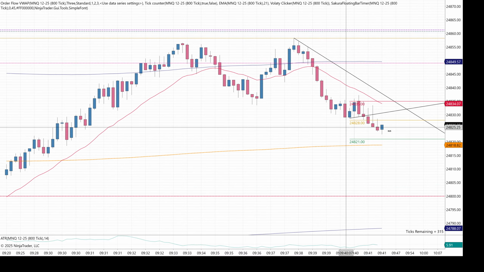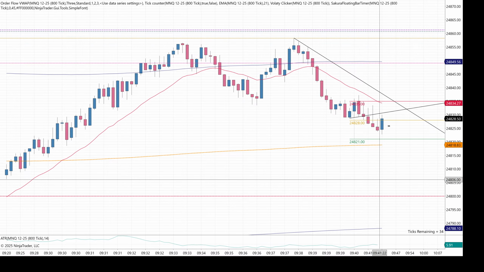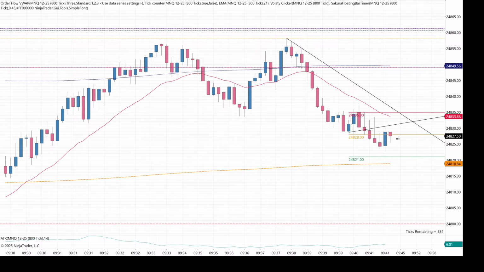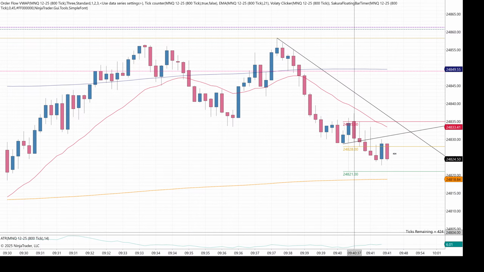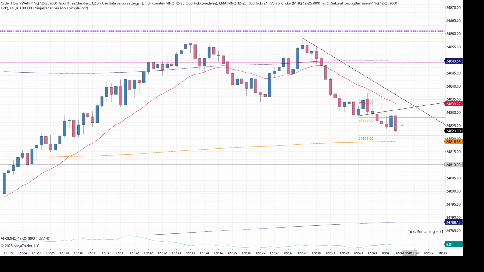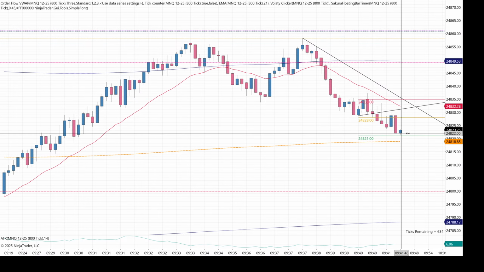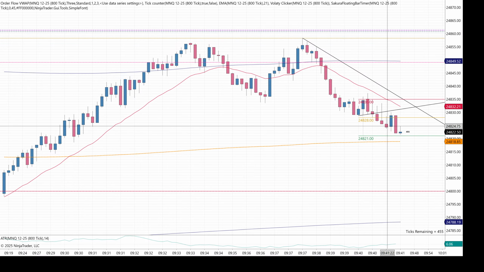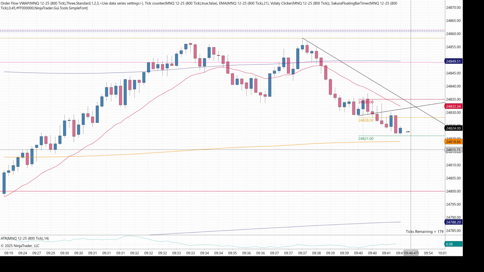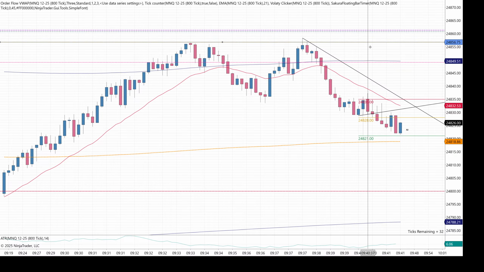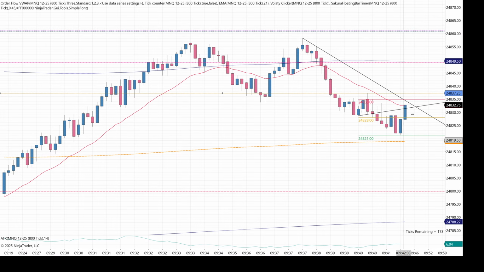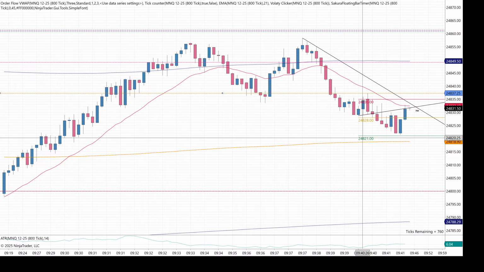Okay, we're about to actually hit the target as initially intended. Or, missed it by a couple of ticks here. We're not in the trade anymore anyway.